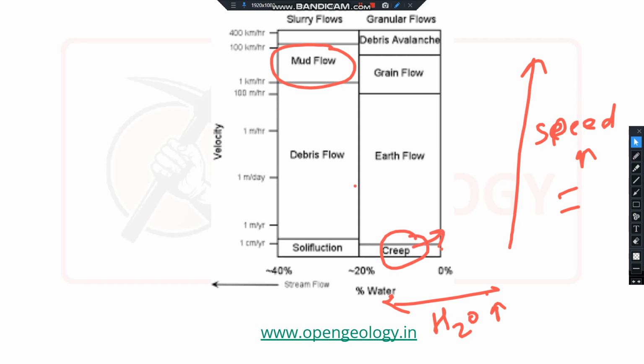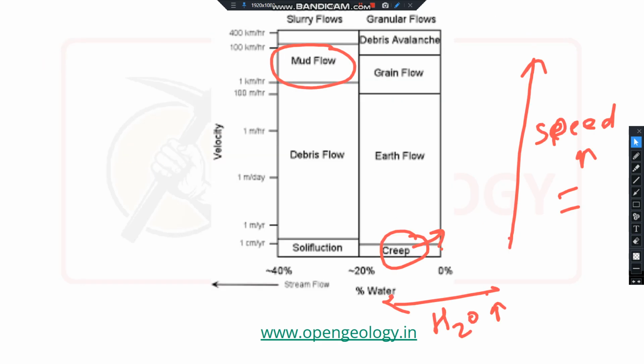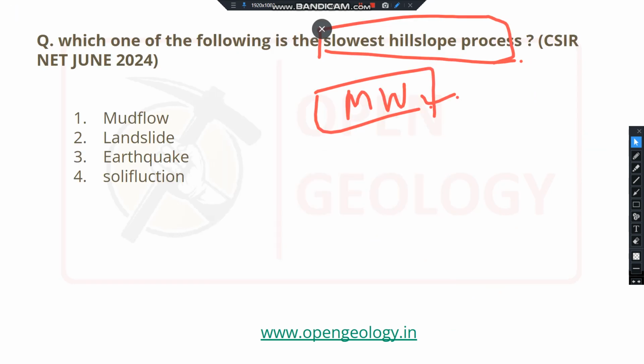The question is asking about the slowest hill slope processes. We can see the speed is increasing upward, that means the slowest are solifluction and creep. Since there is solifluction in the options, the fourth option will be our correct answer.